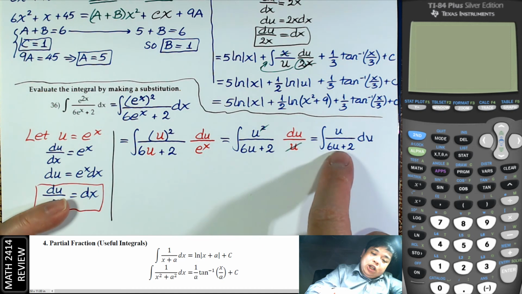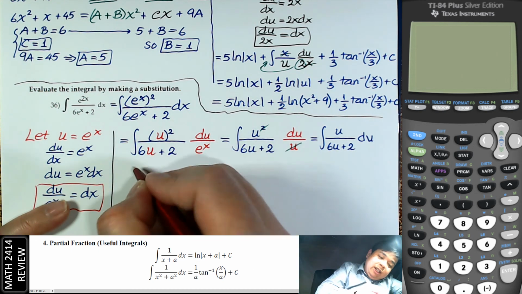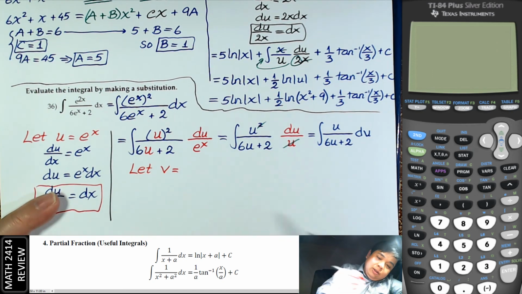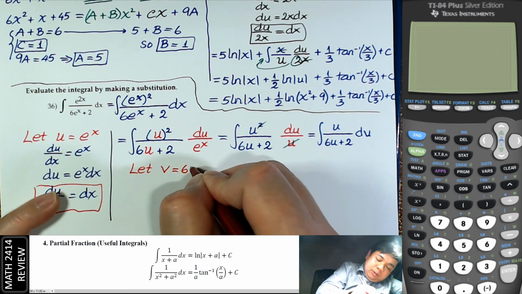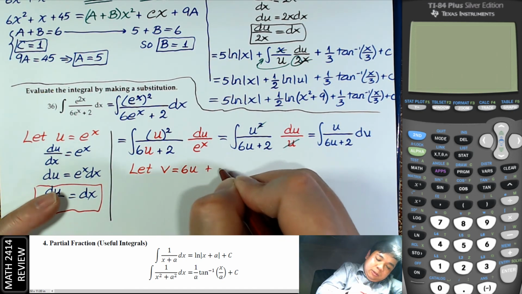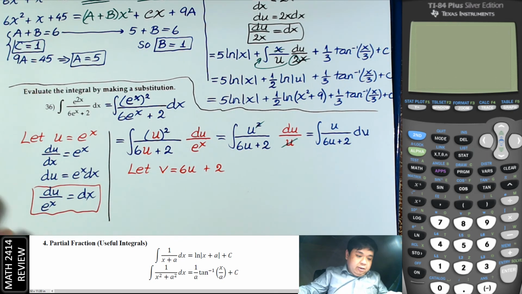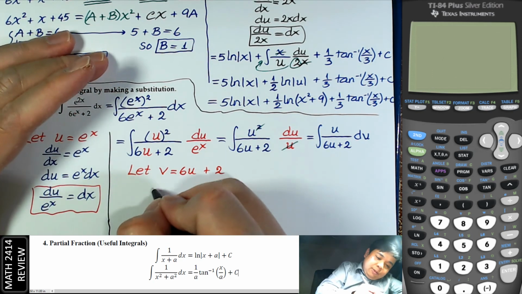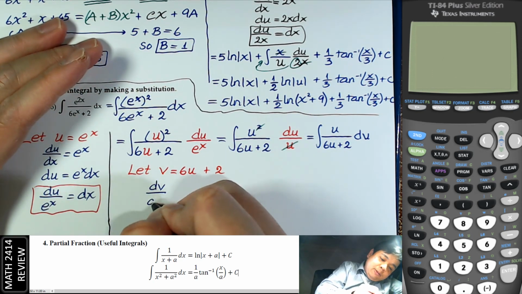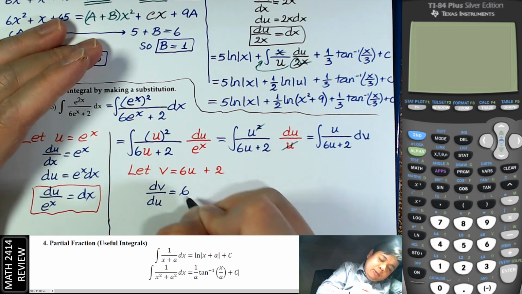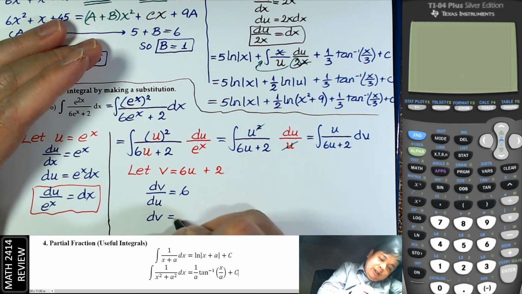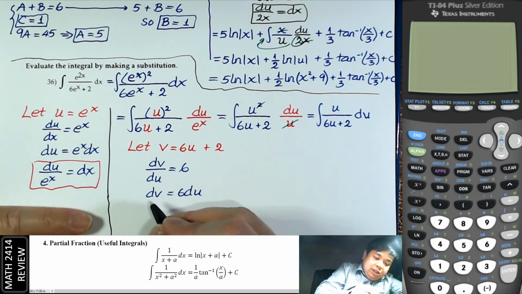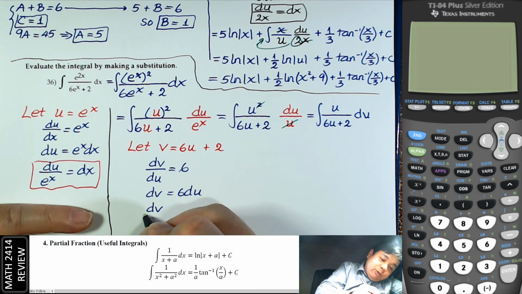Now if we let 6u plus 2 equal v, then we check the derivative. Move the du, and then solve for du, sorry.